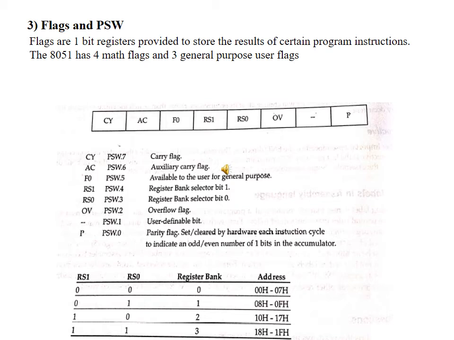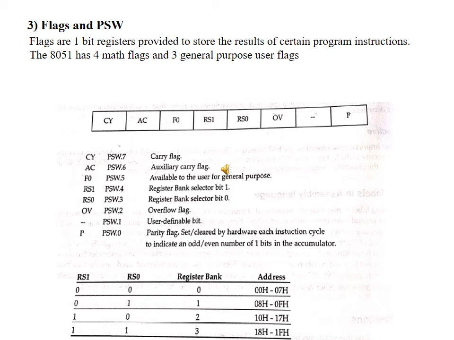Whenever the MSB bit is 1, the number is negative. If the MSB bit is 0, the number is positive. So in case of a signed number operation, whenever a carry is generated from the D6 to the D7, then you say this overflow flag is in the set state.